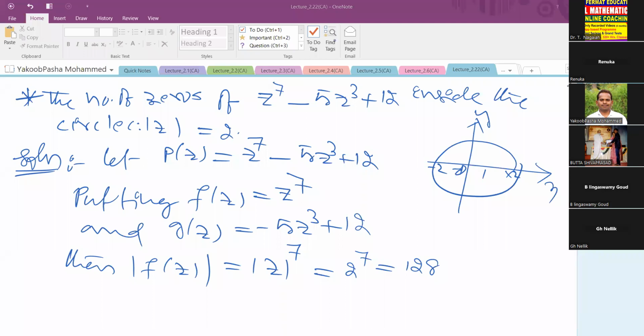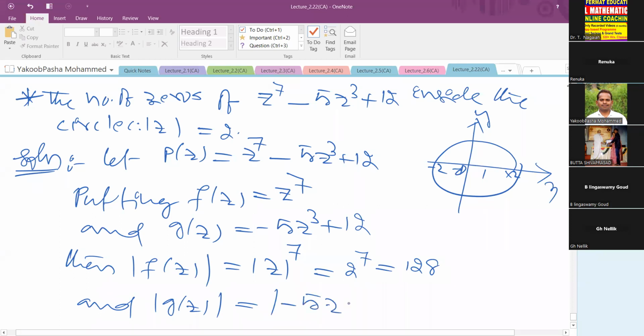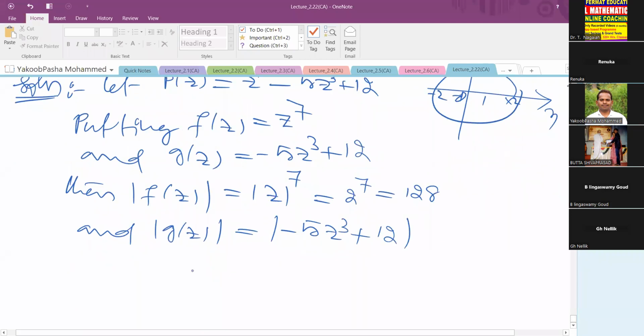And modulus of g of z, that is modulus of minus 5z cube plus 12, is less than or equal to 5 times modulus of z cubed plus modulus of 12, that is 12.